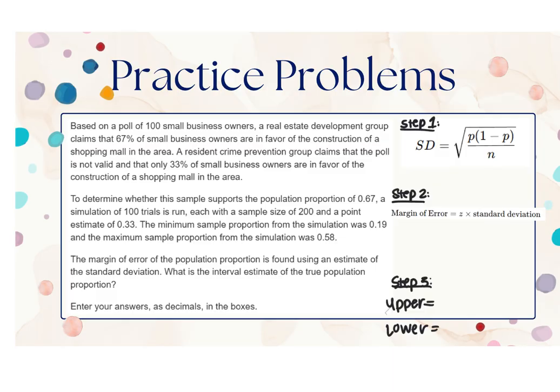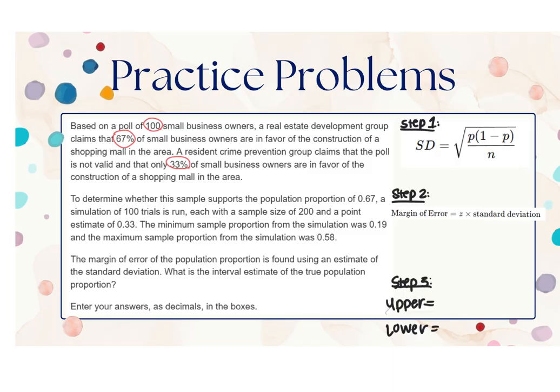Based on a poll of 100 small business owners, a real estate development group claims that 67% of small business owners are in favor of the construction of a shopping mall in the area. A resident crime prevention group claims that the poll is not valid and that only 33% of small business owners are in favor of the construction of a shopping mall in the area.